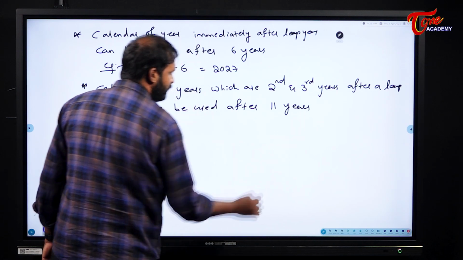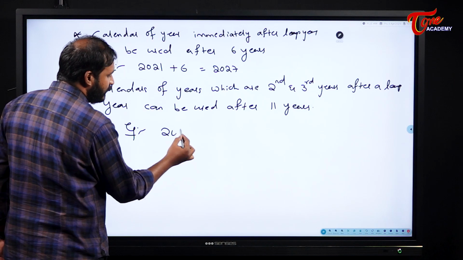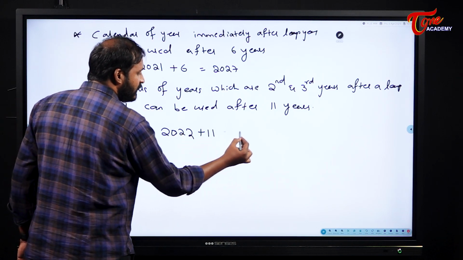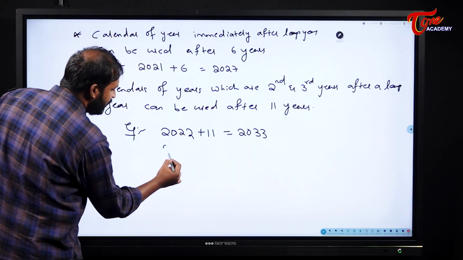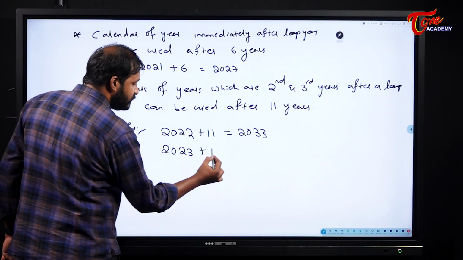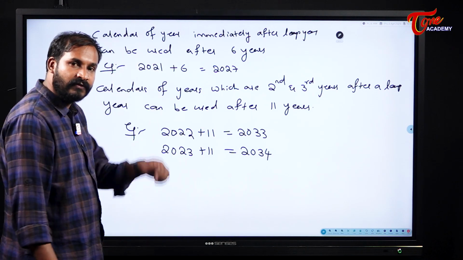For example, if I want to use the calendar of 2022, this is the second year after a leap year, right? I can use this after 11 years. So I can use this in 2033. Similarly, the 2023 calendar is the third year after a leap year. So I can also use this calendar after 11 years, in 2034.